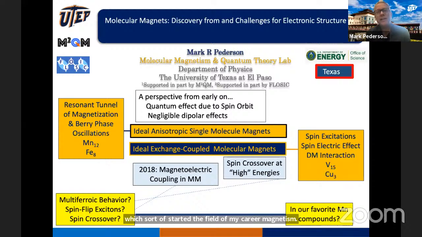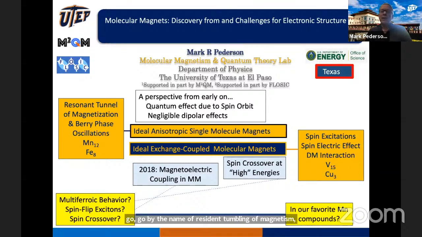And I got interested in it just from the standpoint of electronic structure and thought it was a good challenge to electronic structure methods. The two types of quantum behavior that occur from the collection of 1,000 electrons in 100 atoms go by the name of resonant tunneling of magnetization and Berry's phase oscillation.